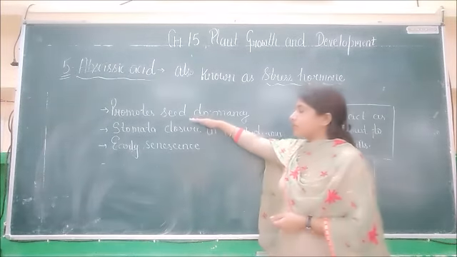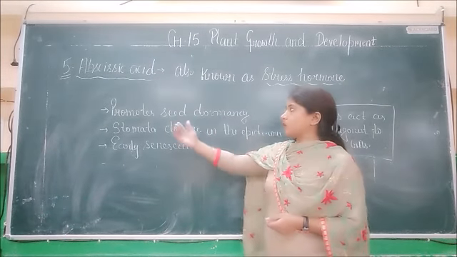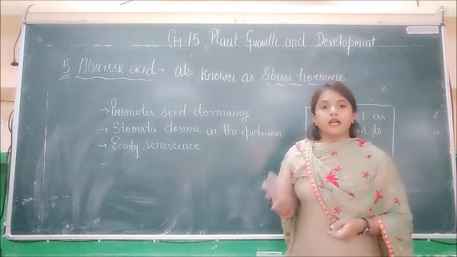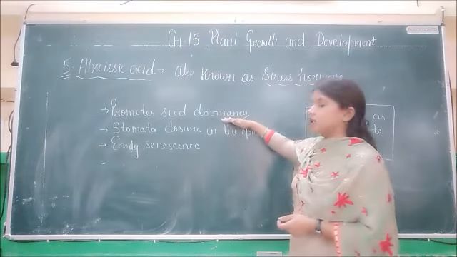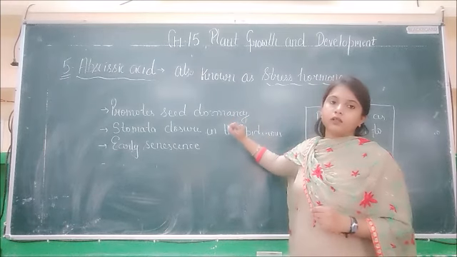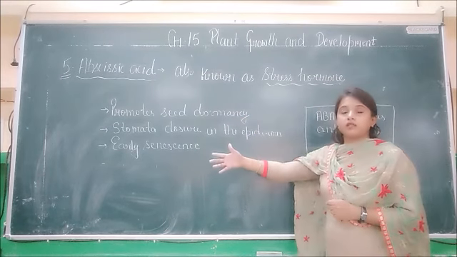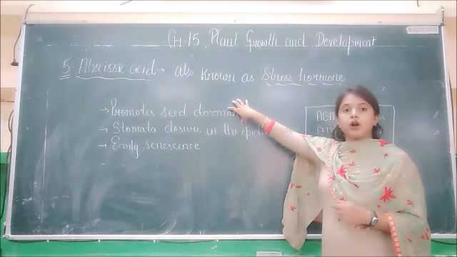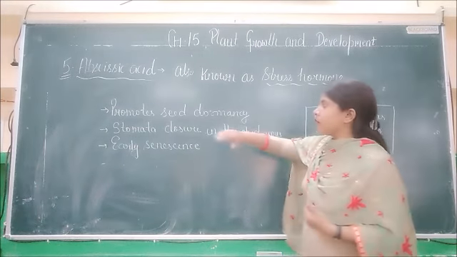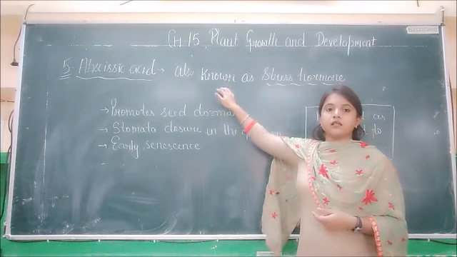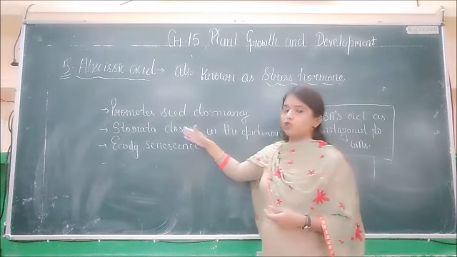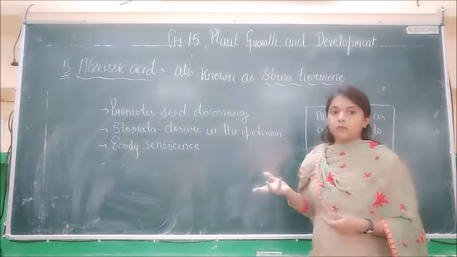Now it is saying that abscisic acid promotes seed dormancy, the inactive stage of the seed, so the seed will not be able to germinate. The next one is the closure of the stomata. Abscisic acid also promotes the closure of the stomata in the epidermis.